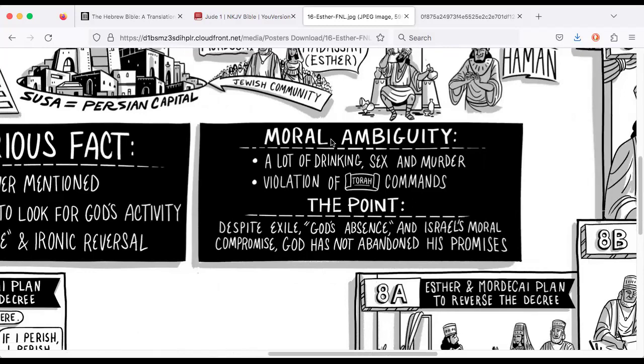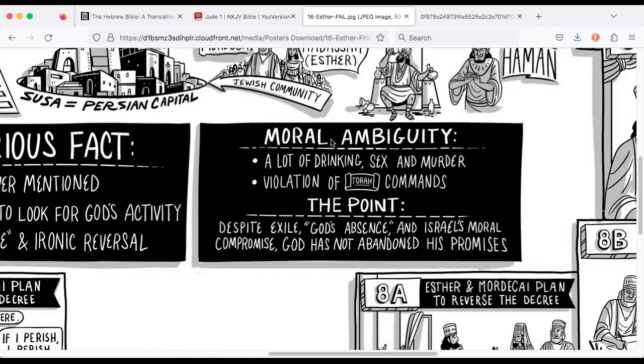There's a little bit of moral ambiguity. There's a lot of drinking, sex, and murder. It's like a soap opera. And there's also violations of Torah commands. These are people who aren't living in Jerusalem. I'm not really sure what the Bible Project means by Torah commands being broken, other than Esther marrying a Gentile, but she's really got no say in it.